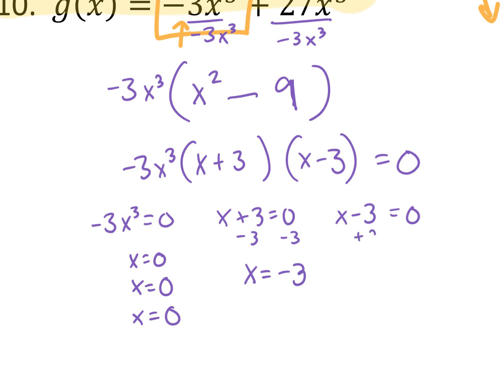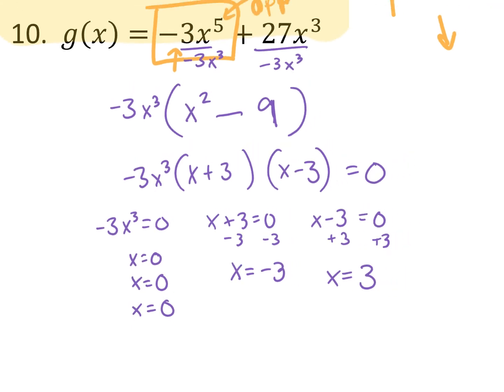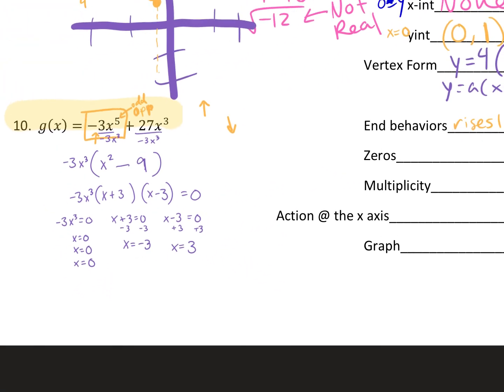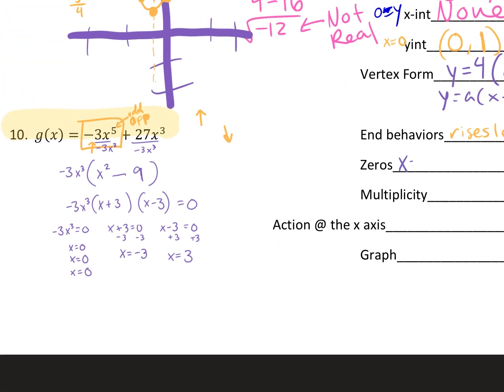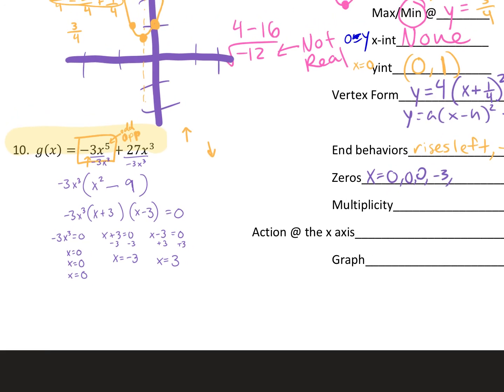And then for the other one, add 3 to both sides, so x is equal to positive 3. So there are my 5 zeros. Because x cubed was equal to 0, so I have 3 x's here that are 0.